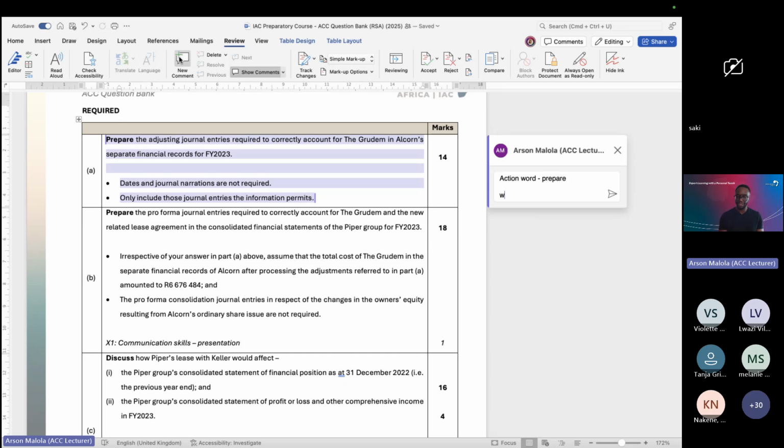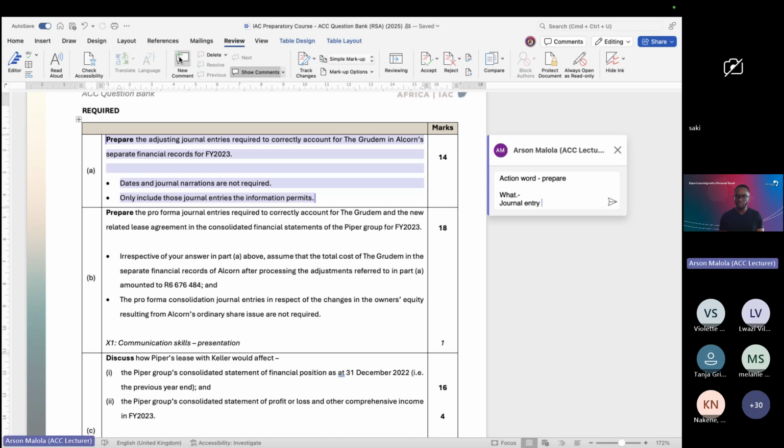The second thing is what I like calling the "what," right? So what is it that I've been asked to do? Now this is where all the meat of the required typically is, and where you need to be very careful with all of the nuances. So in this case, the what is, of course, a journal entry, right?